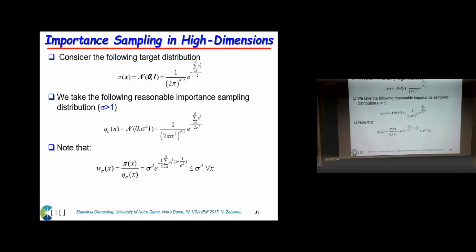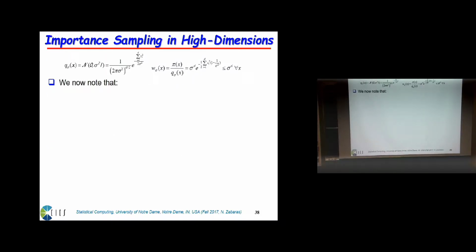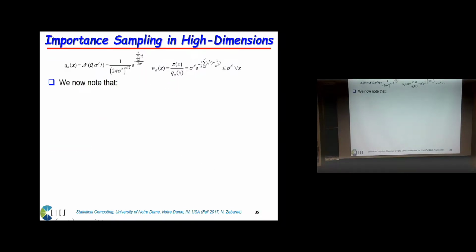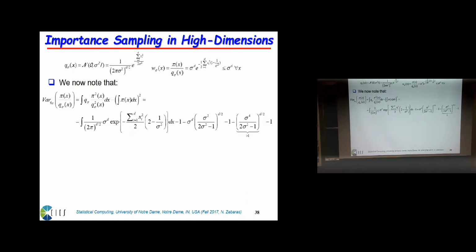So what do we need to compute here to see if this will work? We calculate the weights, all right? So the weights, pi over q, equal to this, which you can show is less than or equal to sigma to the power d. And then what we have to do is calculate the variance of the weights, all right?